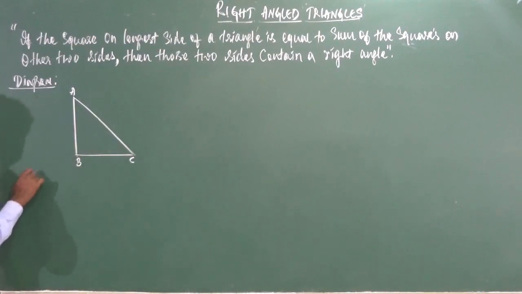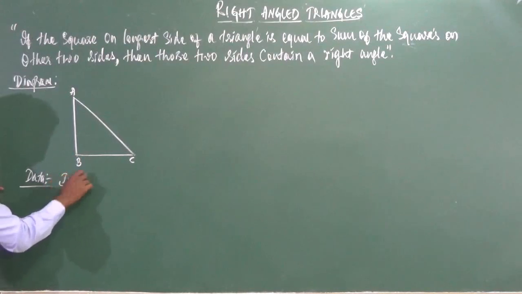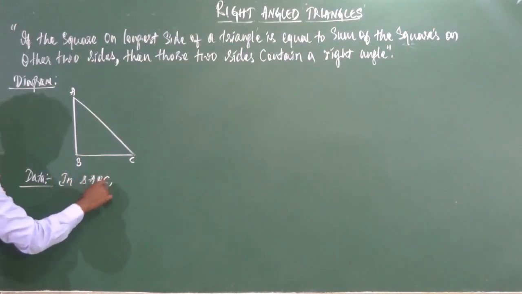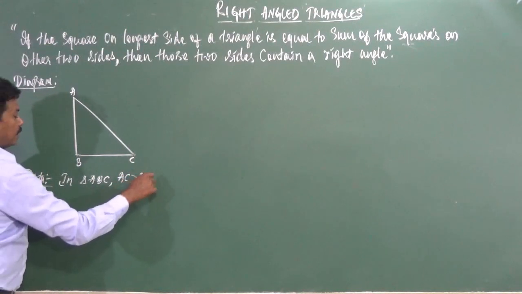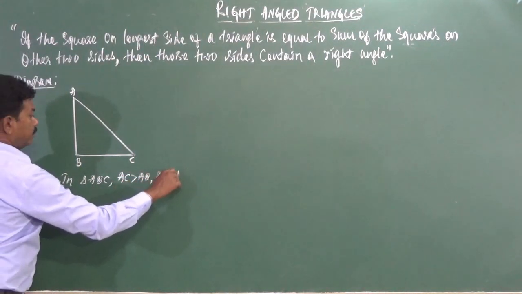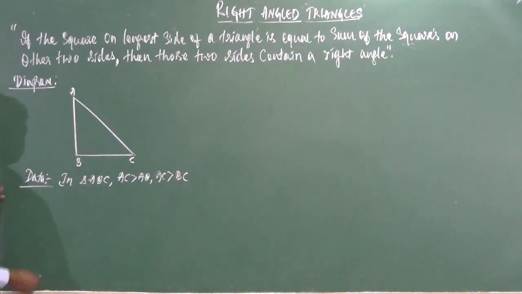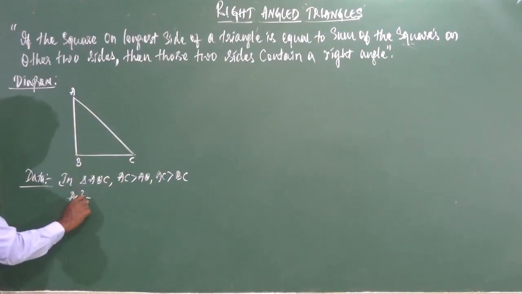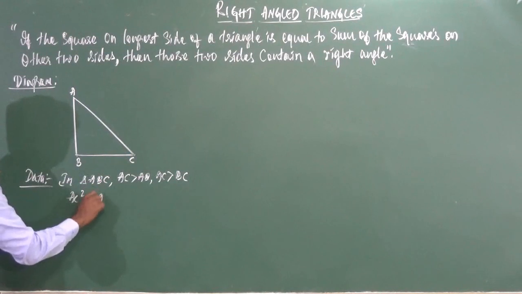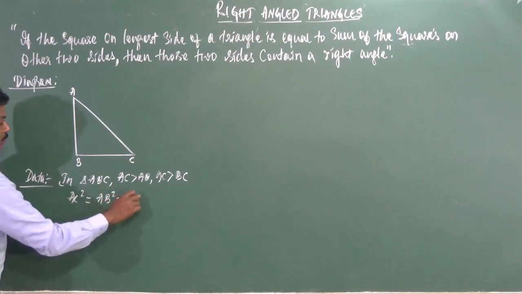Okay, so let us write the data. Description of the diagram is data. In triangle ABC, AC is greater than AB and AC is greater than BC. Or instead of these two things you can write AC is the longest side, right? So AC square is equal to AB square plus BC square.